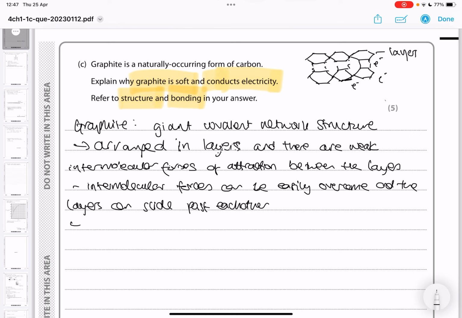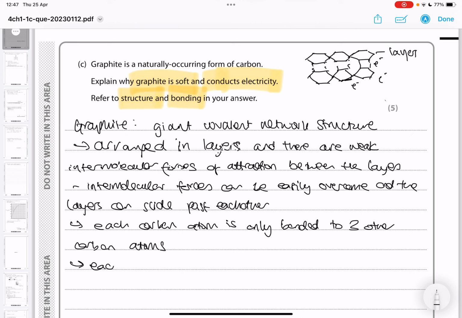Now, why does it conduct electricity? Because each carbon atom is only bonded to 3 other carbon atoms. And remember that carbon can make a maximum of 4 bonds. Okay, so carbon can make a maximum of 4 bonds, but in graphite it's only bonded to 3 other carbon atoms. So as a result, each carbon atom has a free delocalized electron.